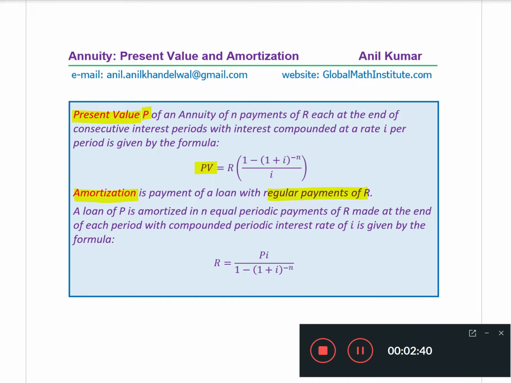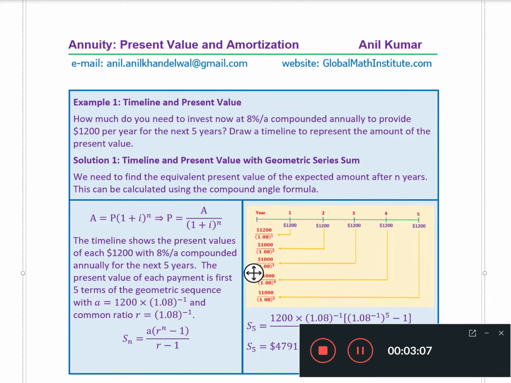A loan of P is amortized in n equal periodic payments of R made at the end of each period, with compounded period interest rate of i, is given by the formula R equals P i over 1 minus (1 plus i) to the power of minus n. So that is rearranging the present value formula. Now let's try to understand how we derive this formula also.